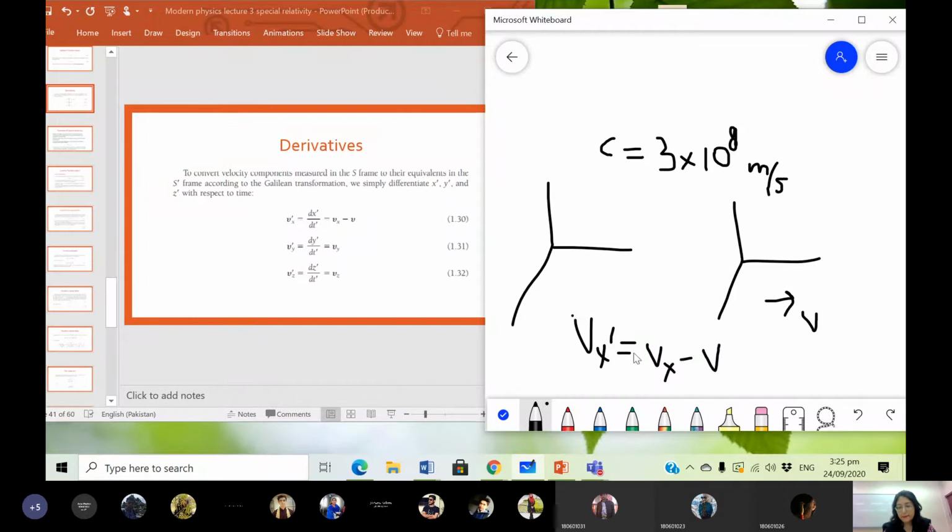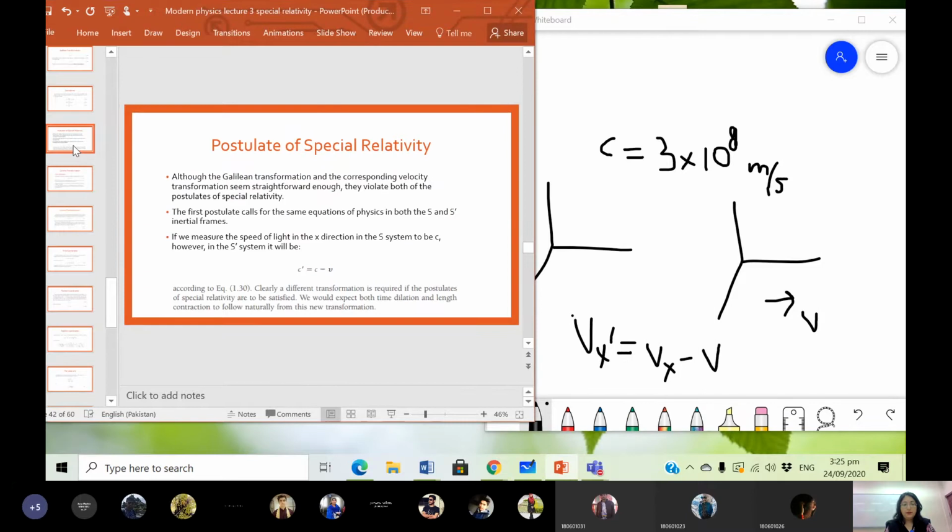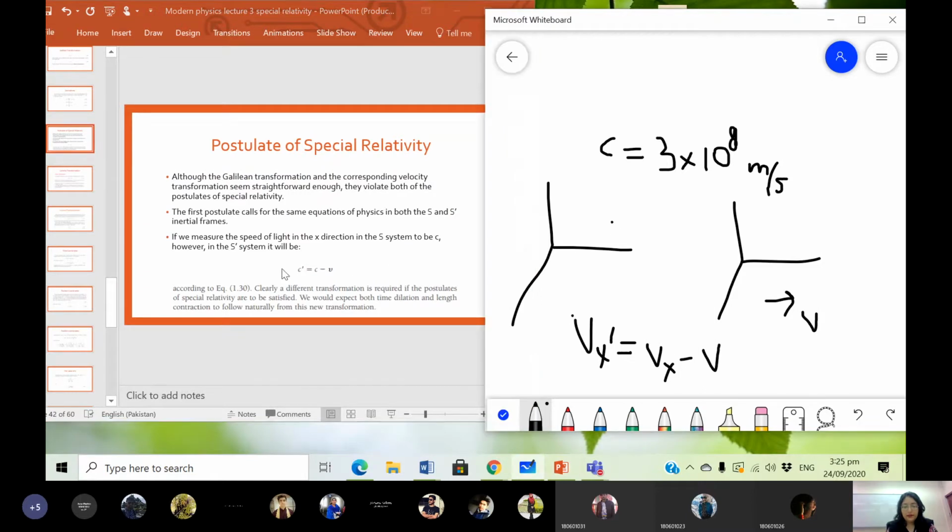Minus the frame velocity. Now if we are considering a light wave traveling in the x direction in the unprimed system, its velocity in this frame is c. It should also be c in this frame, meaning that c dash should be equal to c. Do you understand what I'm saying here? But c dash should be equal to c.